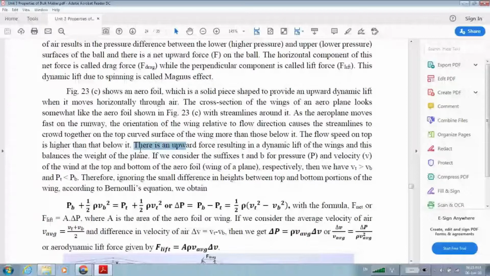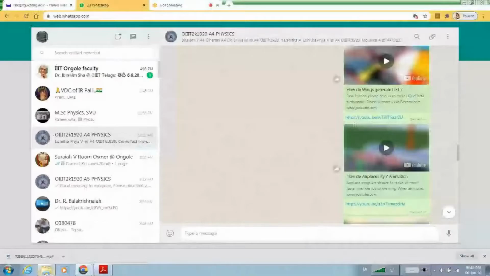So when this downward force, the weight of the aeroplane, is balanced by the upward thrust force, because of the variations in pressure caused by the variations in velocities of the streamlines, the takeoff of the aeroplane takes place.